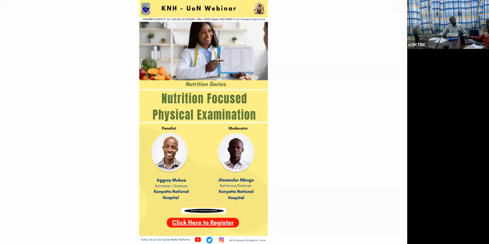In terms of the new developments, we have 5 components, and as you can see, they are more detailed. We have client history, and food and nutrition related history. Instead of biochemical data alone, we have biochemical data, medical tests, and procedures. And instead of what we used to call clinical assessment, it's now what we call nutrition focused physical examination.